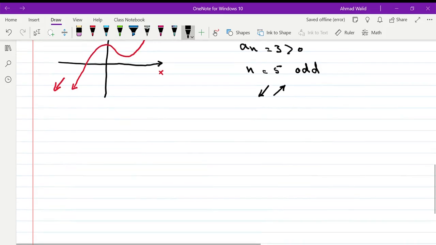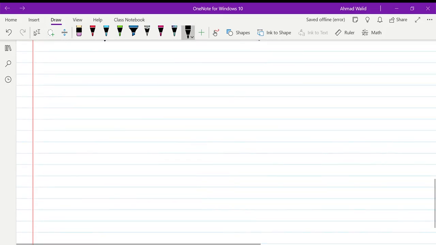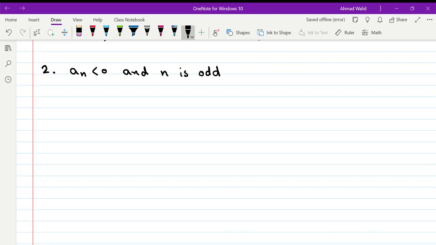Correct? Case 2. If the leading coefficient, which is a sub n, is less than 0, it means you have a negative leading coefficient, and still, n is odd, an odd number. In this case, what will be the end behavior of your graph?